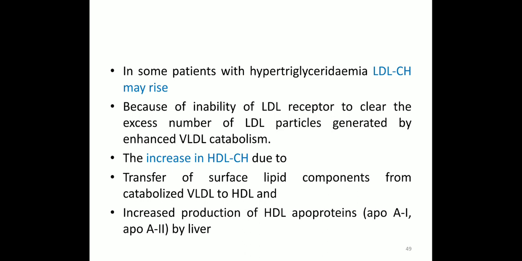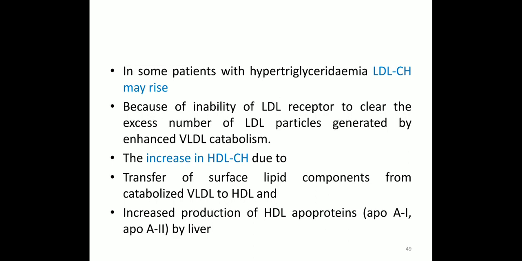Here VLDL is very much acted upon and converted to LDL, so LDL will be increased. This is only for the time being, not permanent, because LDL receptors are also increased, so ultimately it will clear. But at the time of starting treatment, it can be seen like this.